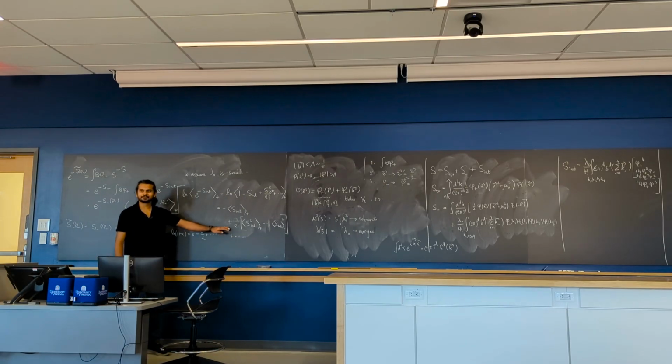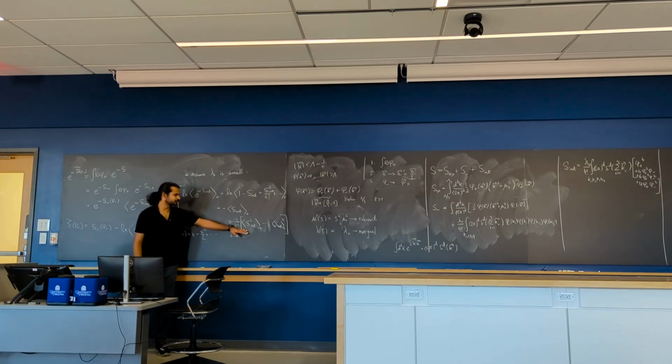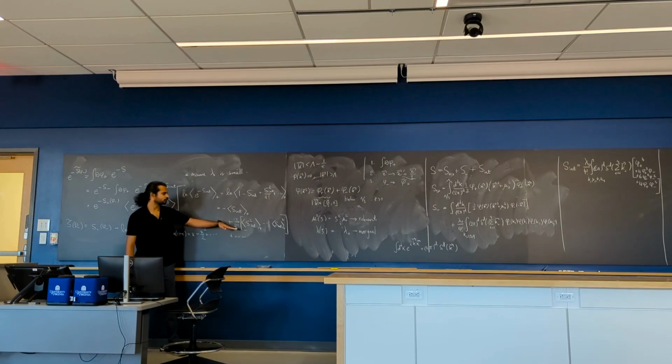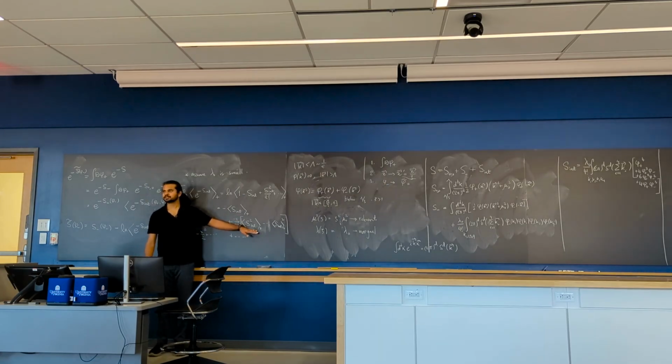Is this familiar to people? Yeah, this is the variance. I don't know how to prove it in general, but it turns out that this is a variance, which is the second cumulant in the statistical system. This is the first cumulant.